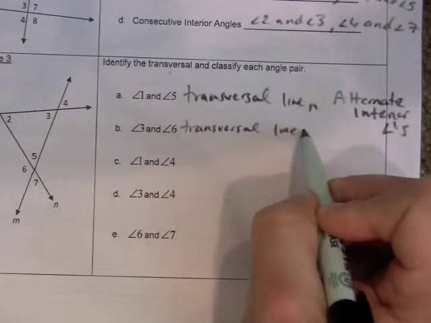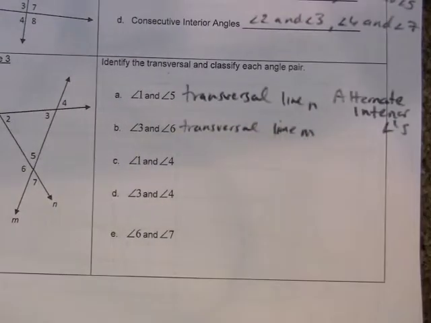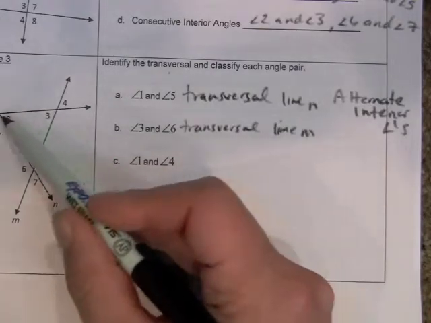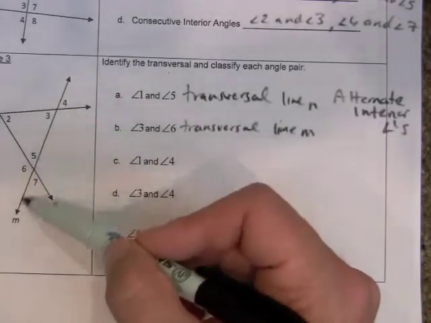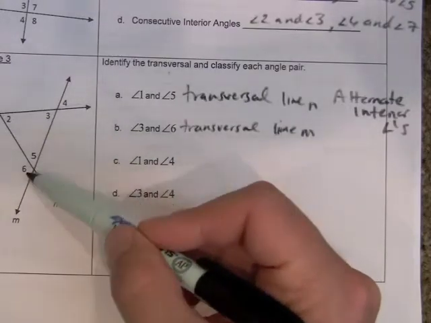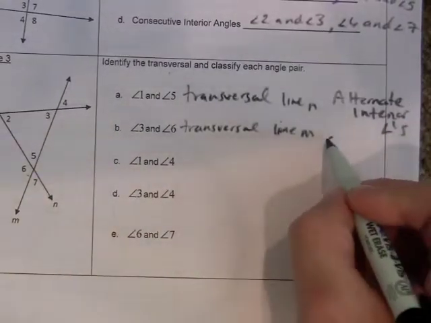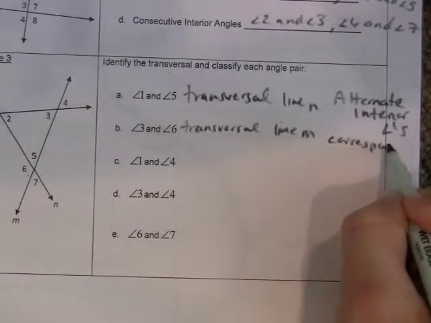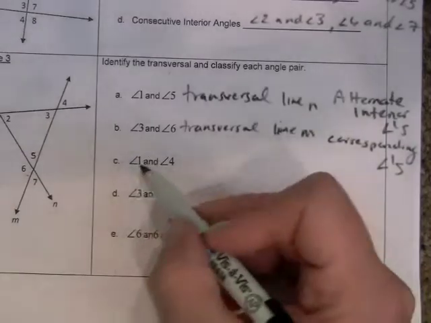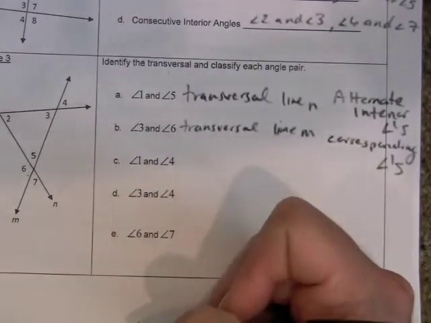If these are your two lines and this is your transversal, 3 and 6 are both in the same position, so they're called corresponding angles. I want you to take a minute and try to do C.